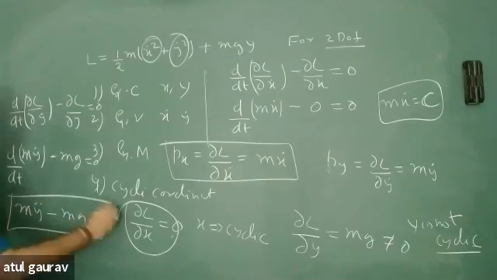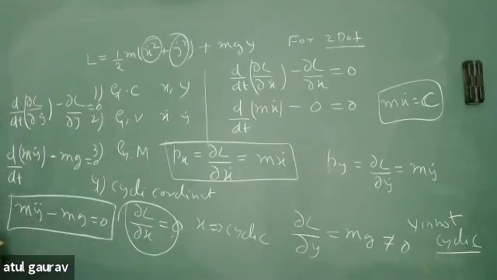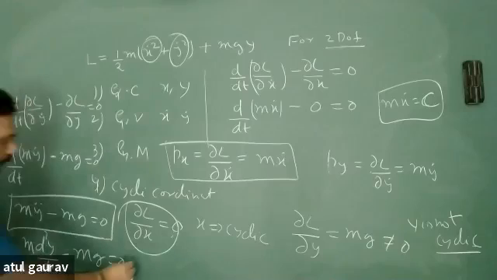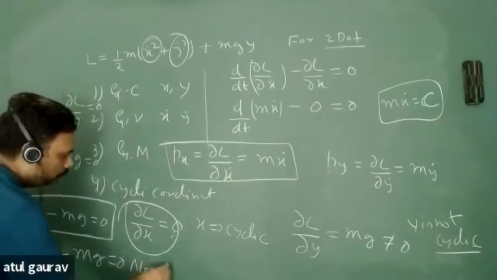So look at what this is: m d square y dt square minus mg is equal to 0. This is equivalent to Newton's law.